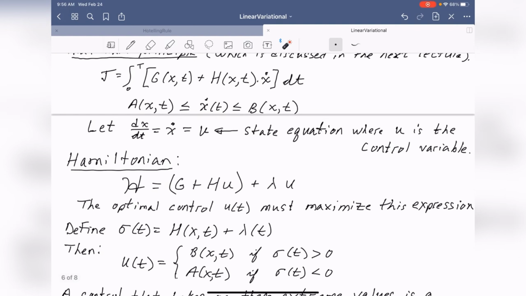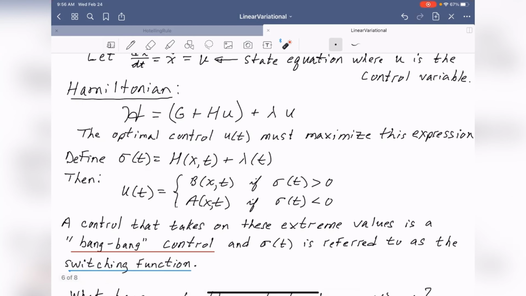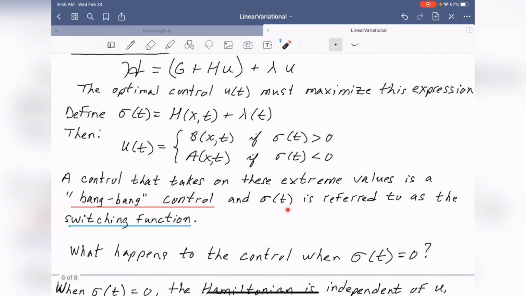If sigma t is greater than 0, then we go to the highest level of the control, b, and if sigma t is less than 0, we choose the lower level. So we're getting a bang-bang control here. The control takes on these extreme values and is therefore called a bang-bang control. And sigma t is referred to as the switching function because it switches from the a to the b.